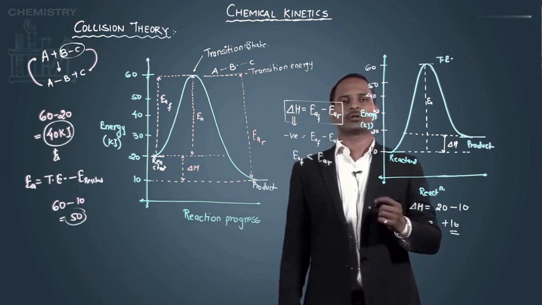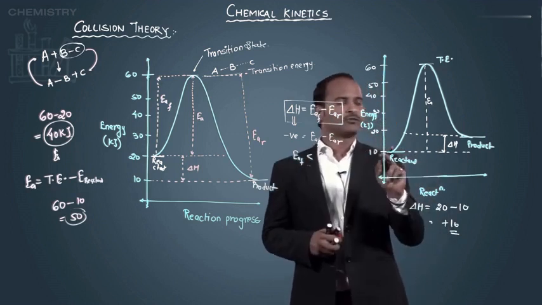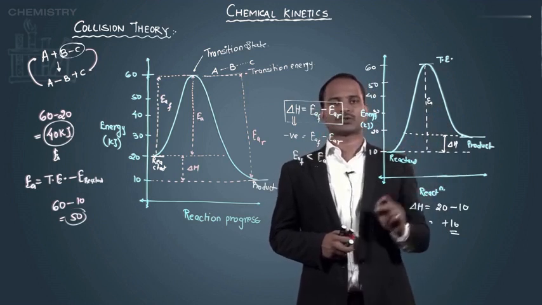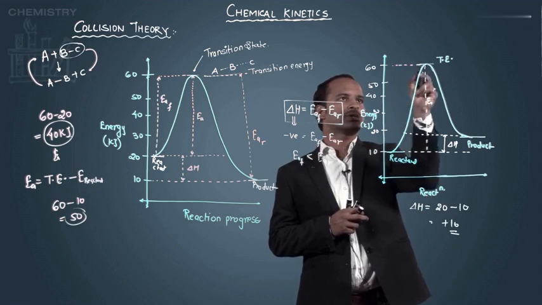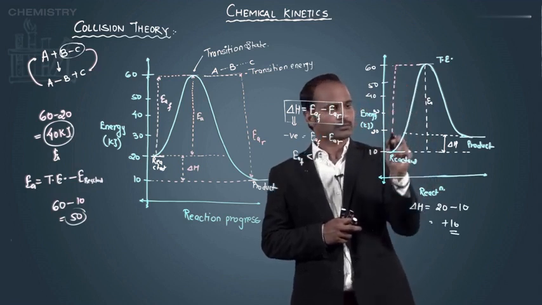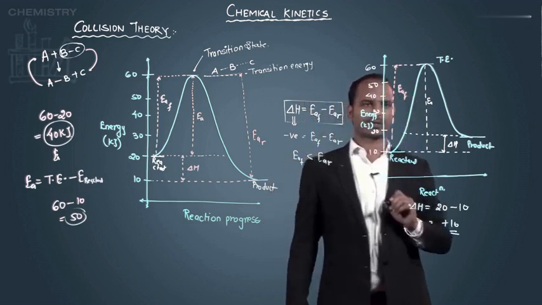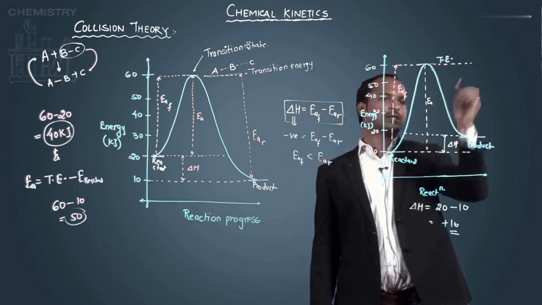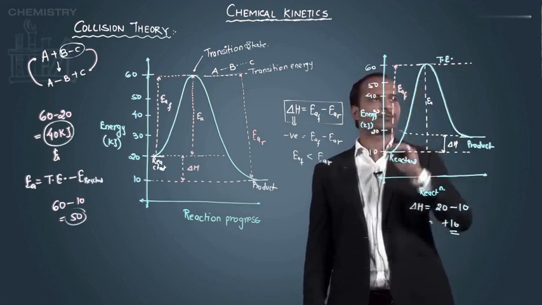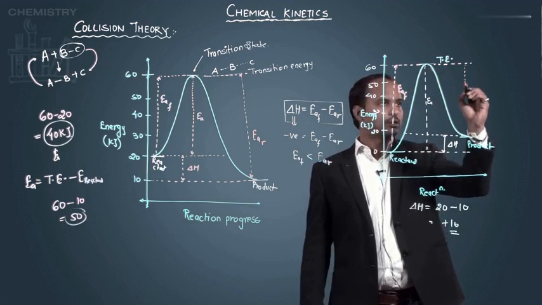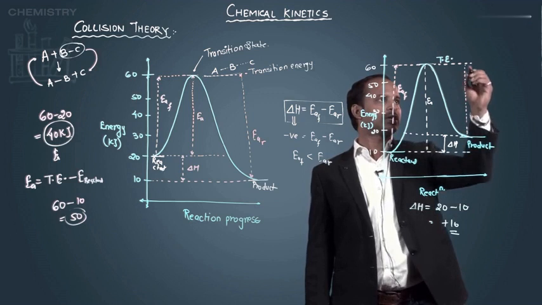Now if I talk about the activation energy for the forward and reverse reactions: the forward reaction is where the reactant gives product. So the activation energy for forward is the difference between the reactant energy and the transition state energy. For the reverse reaction, where the product gives reactant, the activation energy is the difference between the transition energy and the product energy.